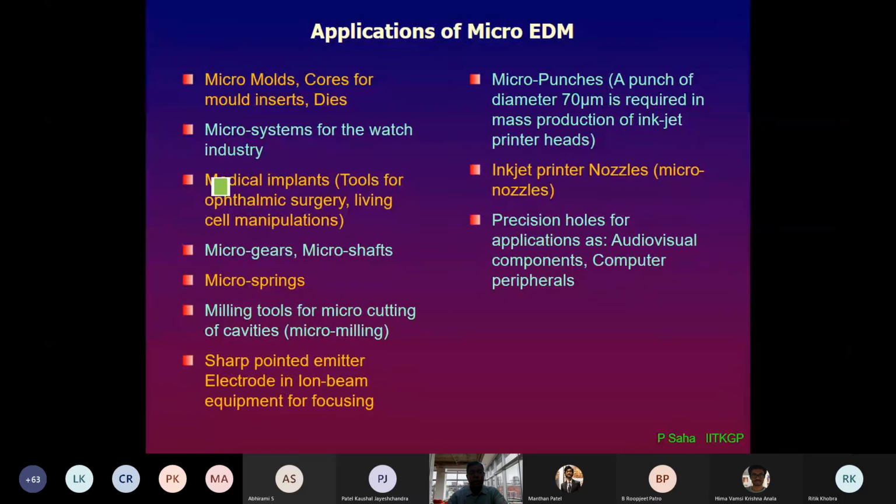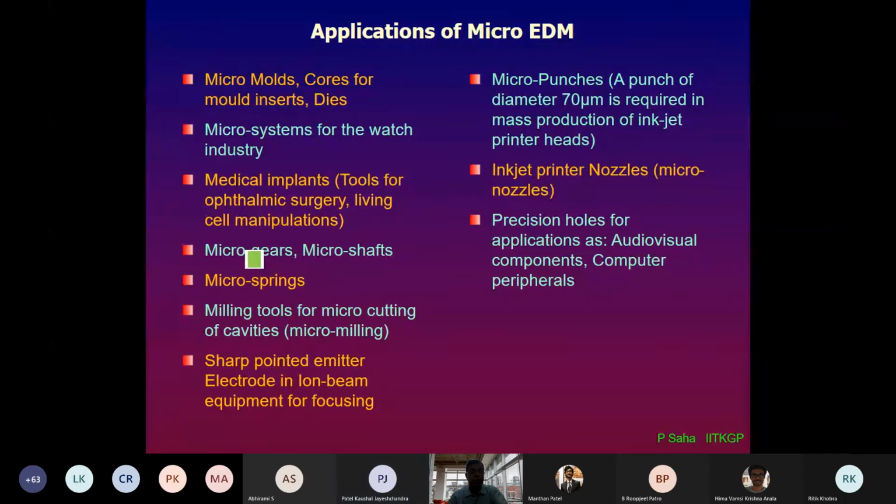Or say medical implants, the smaller the things, how a micro tool, which we may require for some ophthalmic surgery, such small tools can be maneuvered. Or say living cell manipulators, how those can be done over here.